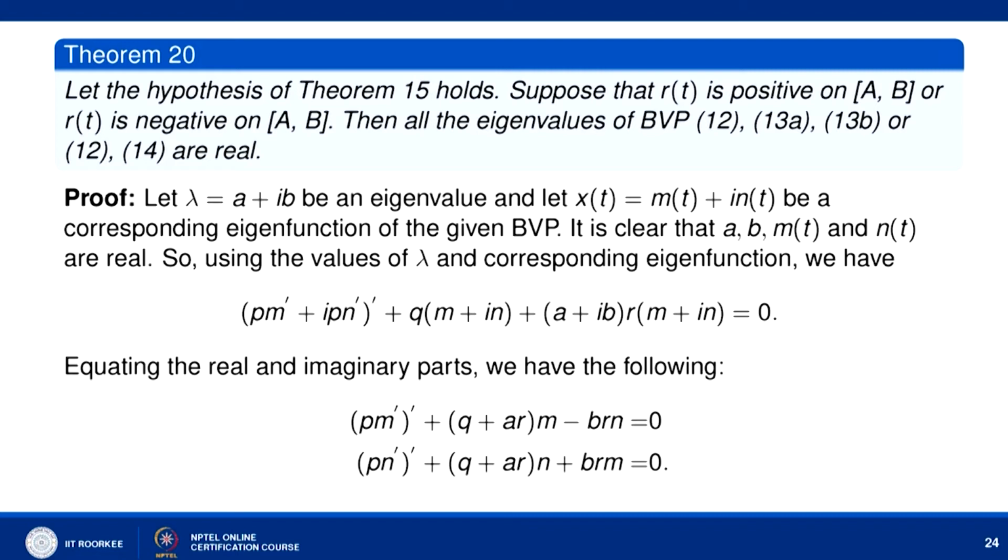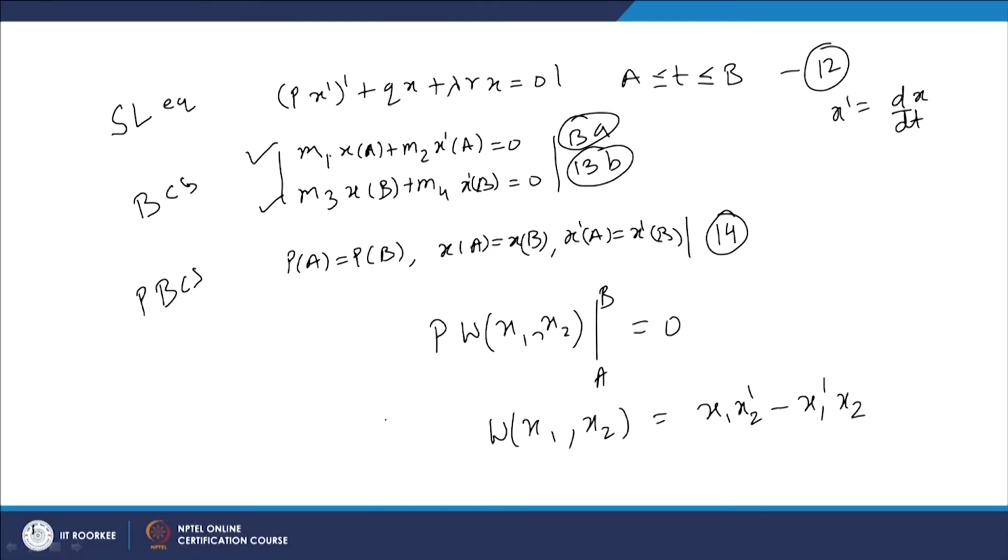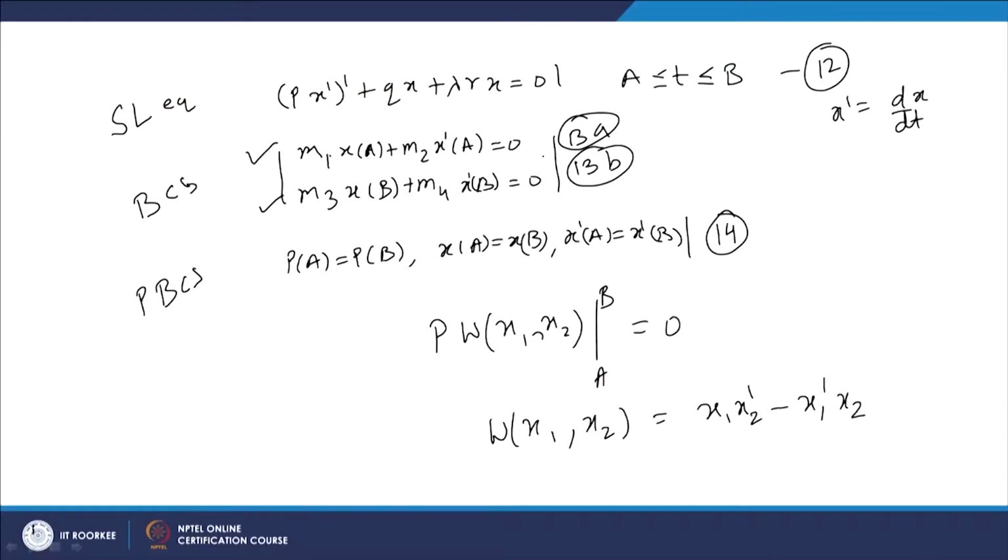It means R(t) is non-zero and keeps one sign only. Then all the eigenvalues of boundary value problem 12 along with boundary conditions 13a, 13b, or 12 with 14 are real. Here 12 is the SL equation, 13a and 13b are the separated boundary conditions, and 14 is the periodic boundary condition.